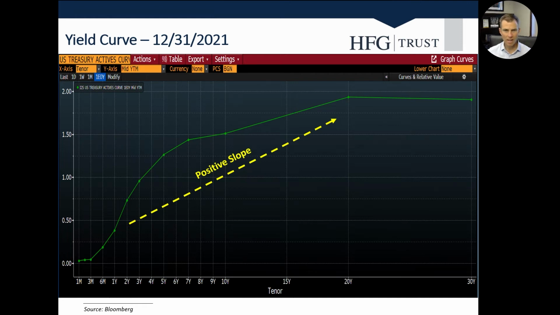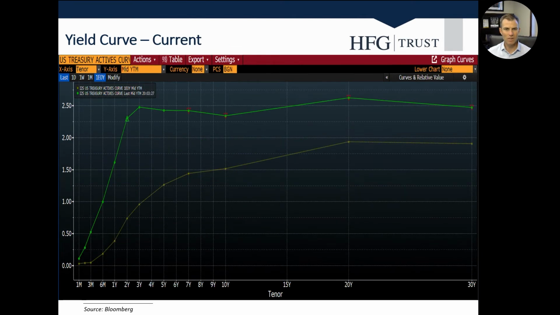But as the headlines are screaming, the yield curve has inverted. So let's look at today's yield curve, and that is the green line on top. It definitely has a different shape, and I left the year-end yield curve on here just to show what has happened over the course of the first quarter.